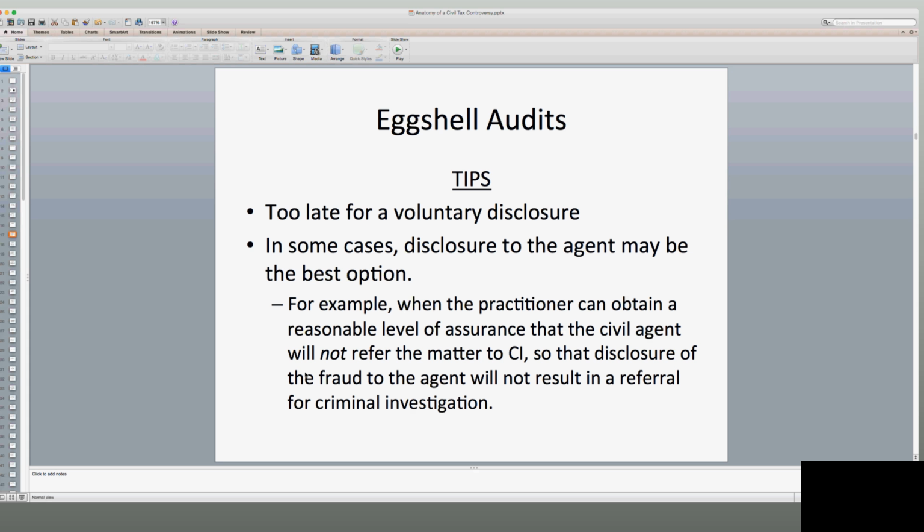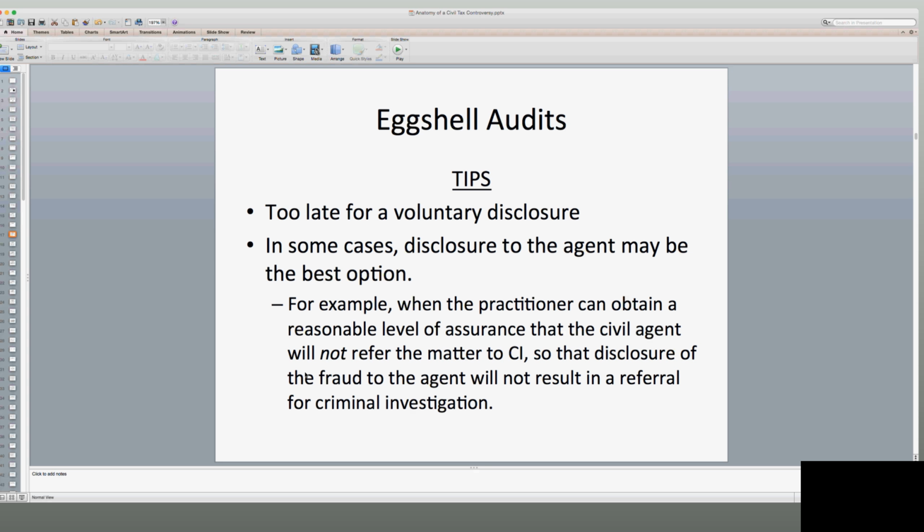In some cases, disclosure to the agent of what the fraudulent item is may be the best option. I'm not saying here it's always the best option. This is a very gray area.